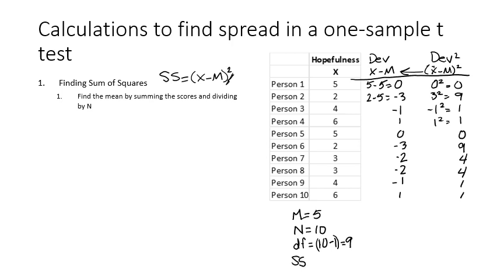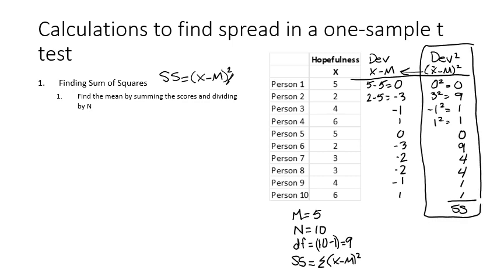So the sum of squares, I'll write SS there, is just the sum of all those squared deviations. This is our squared deviations column. So we get the sum of squares by adding all of those up.